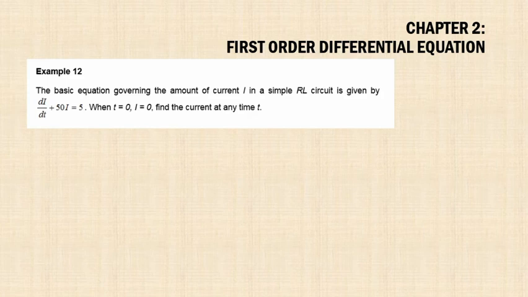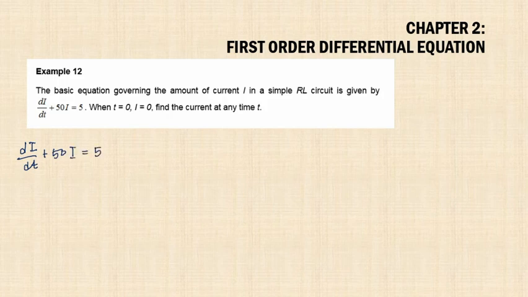Now look at example 12. The basic equation governing the amount of current I in a simple RL circuit is given by di over dt plus 50I equals 5. And when t equals 0, I equals 0. Find the current at any time t. So we have the differential equation di over dt plus 50I equals 5.